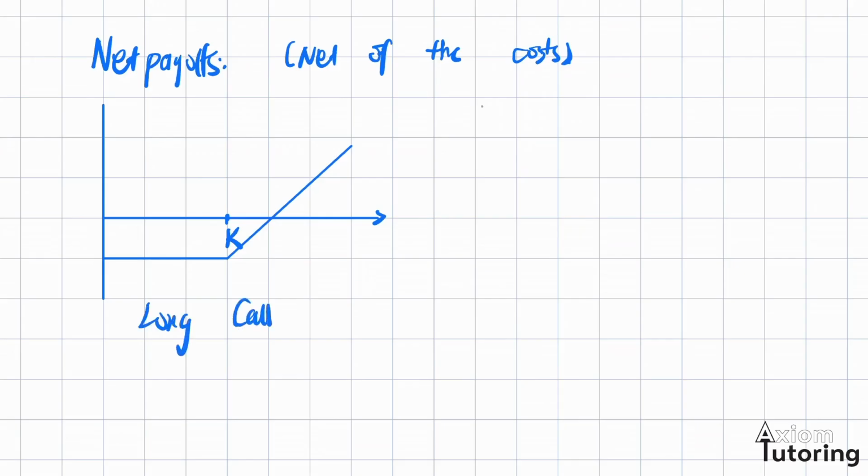Okay, and then what will be our payoff if we're in a short position for a call? Naturally, you just have to flip it over the x-axis, or the horizontal axis in this case. That will be here. Okay, this will be our net payoff if we're going to short a call.